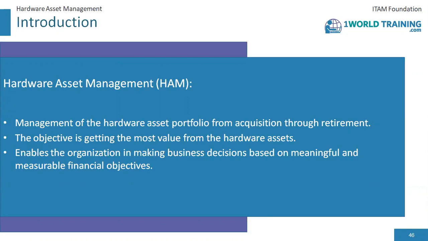It enables the organization to make business decisions. So what kind of business decisions? In hardware asset management, we track what assets we have, the make, model, and so on, the different attributes. We review regularly, at least once in a quarter or once in half a year.